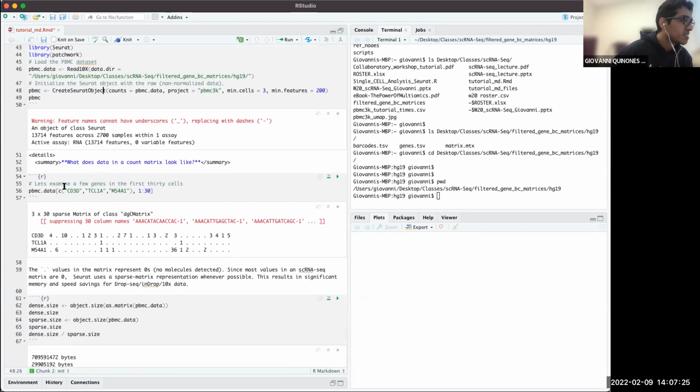And our first exercise will be very simple. We're just going to print 3 rows of our data set and 30 columns. So we're in the following cell, if you press the green arrow, you're going to run this subset of the data, and you should get an output like this one.